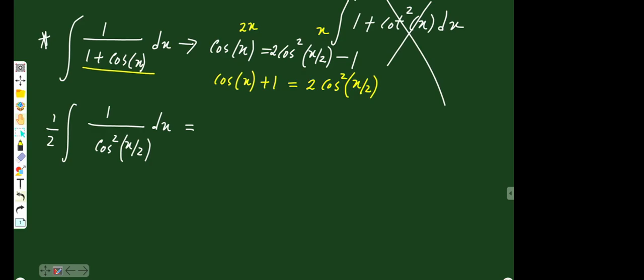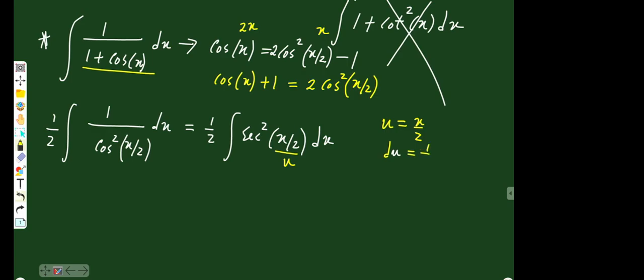So that would be sec squared x divided by 2 dx. Now you can take this one as u, so u is equal to x divided by 2. So du is equal to half times dx, so dx is equal to 2 du.